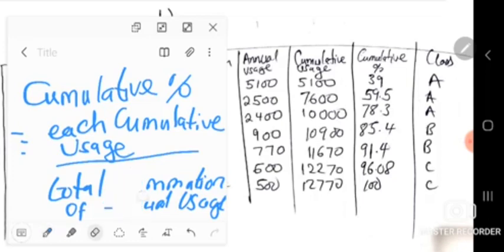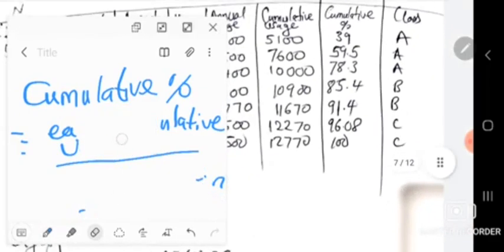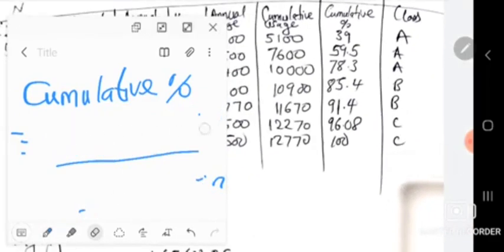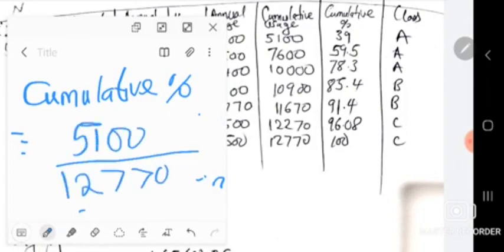A demonstration of this formula: 5,1 over 12,770. The one in the denominator is the total annual usage. After the 5,1 is done, you pick another figure, the 7,6, because you're picking those in the cumulative column. Each of them individually gives you those percentages you're seeing on the cumulative percentage column.